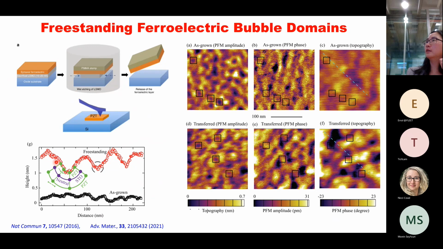These curves can actually provide compressive strain to the film, so it can maintain the bubble domains in these areas. So this is after the transfer. Yes, this is after the transfer.